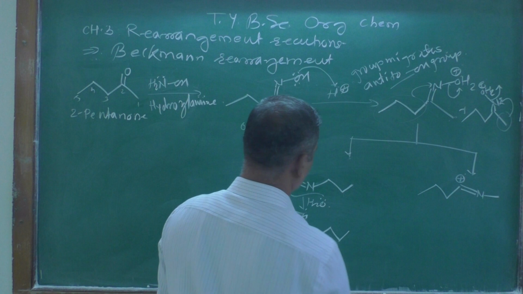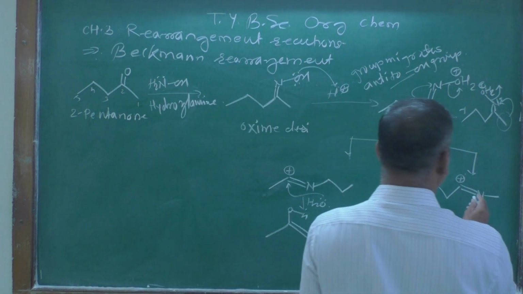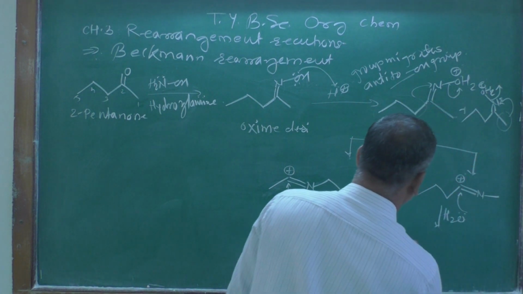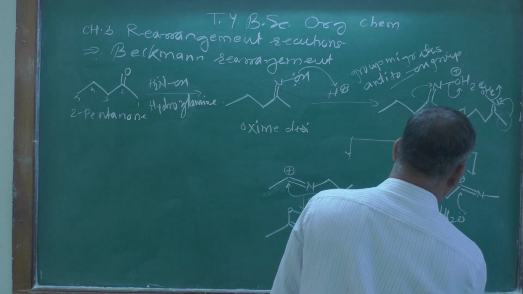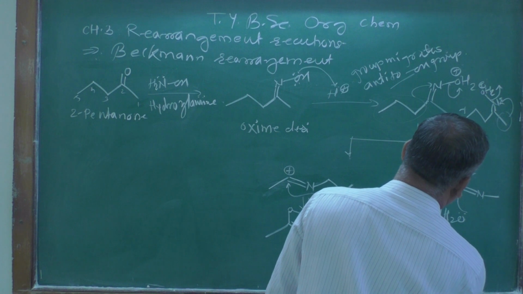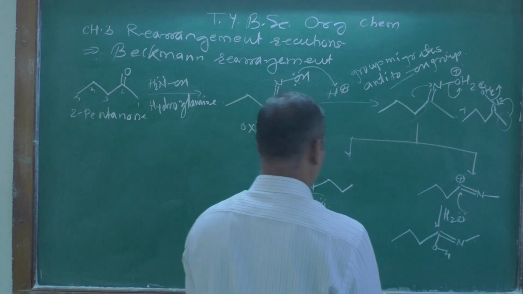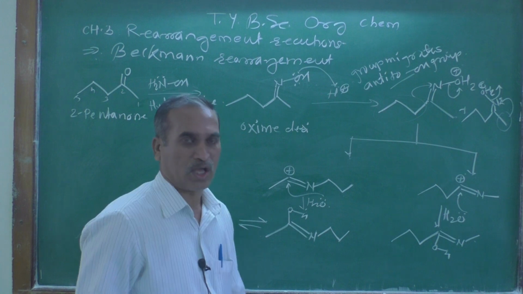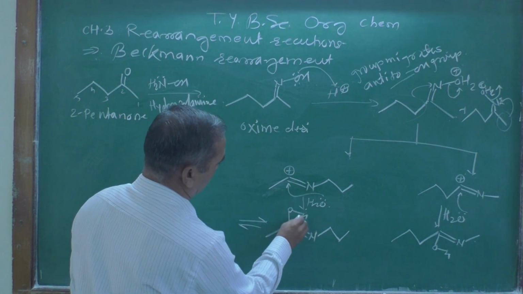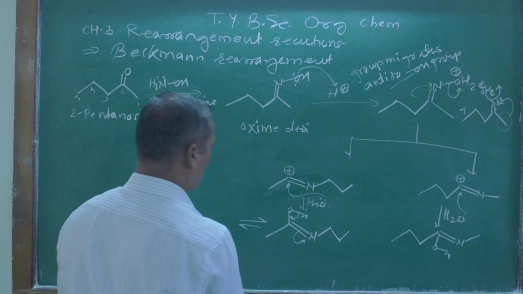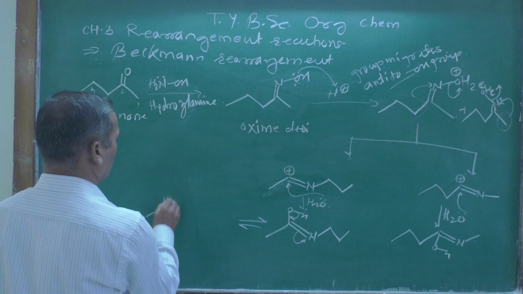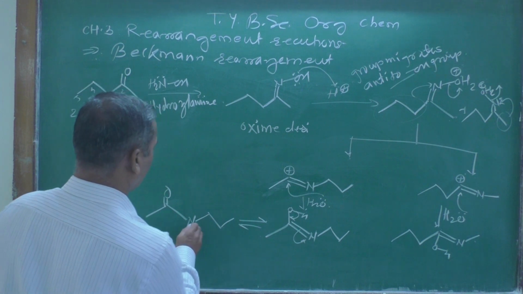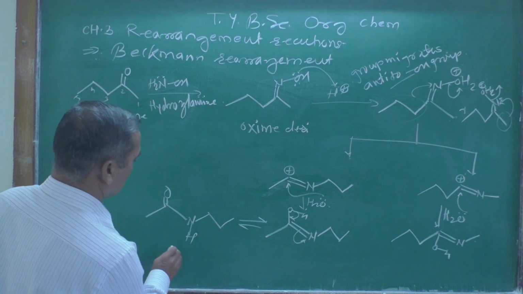Here also the water molecule is going to add, and you are going to get this, then double bond, OH, nitrogen, and this CH3. Now at equilibrium, this is an enol type of form, which converts to the keto type of form, so that you get O, N, then the nitrogen atom here, 1 2 and 3, with one hydrogen atom.